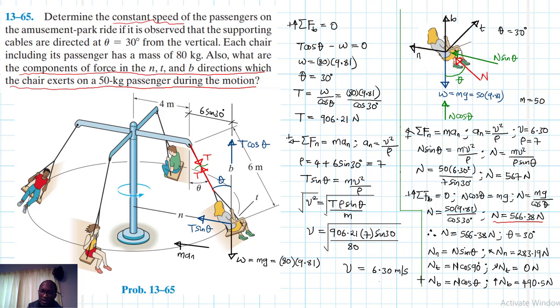All right, I think this is really about it. We have found all the components along the N, T, and B axes. These are the components coming from the normal force. The chair is exerting a normal force on the 50 kg passenger during motion.